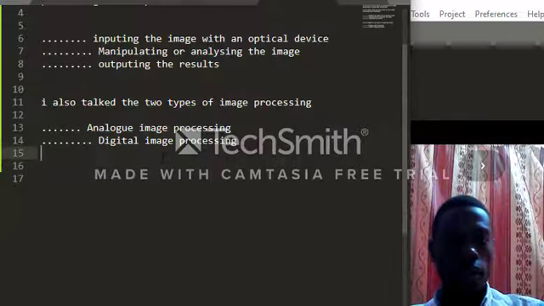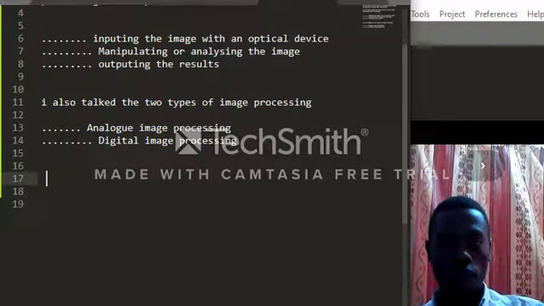So those were the 2 types of image processing. So from there I also uploaded the second video.